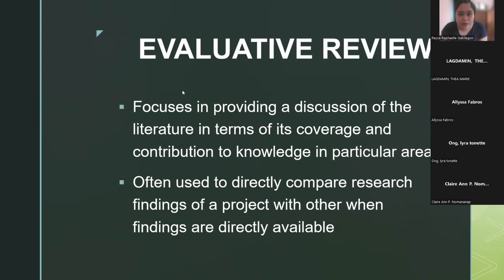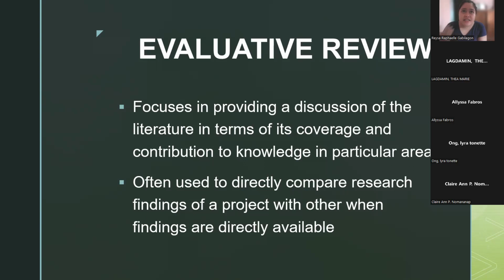Okay? Now, we have types of literature review. We have evaluative review. From the name itself, evaluative, we are going to gather references and evaluate them. Kung pwede din tayong mag-evaluate whether they are credible or not. We will evaluate their methodologies used, if tama ba or hindi, meron bang weakness doon or strength ba talaga itong methodology nila.